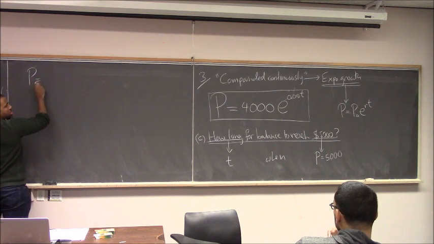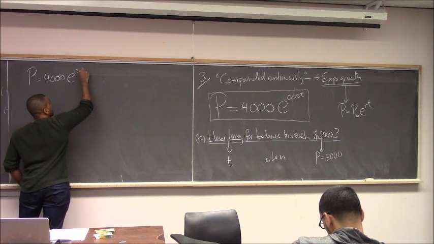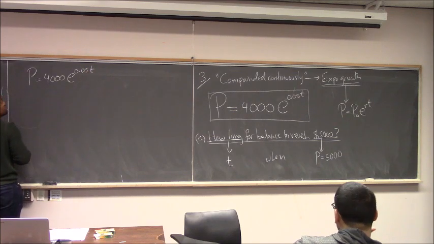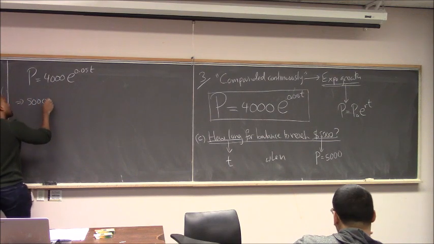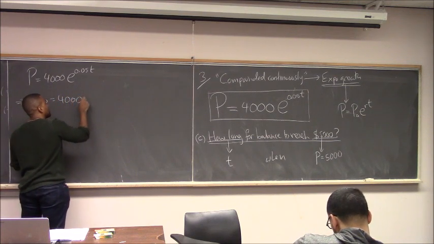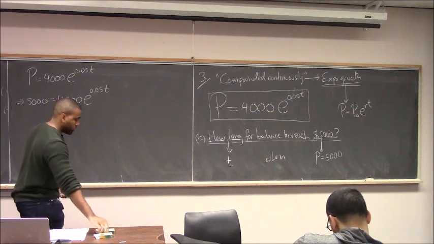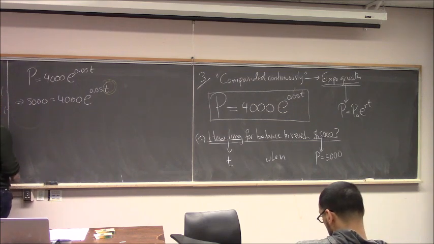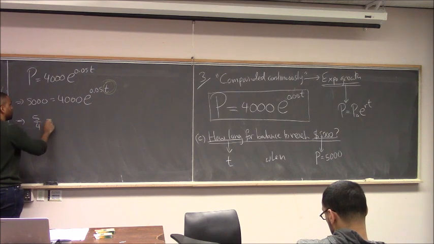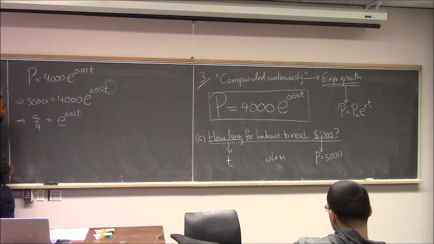So we know that P is equal to 4,000 e to the 0.05 t. So we want to put in P equals 5,000. And we want to solve for T. So that's this guy. How do we solve for that? Divide by 4,000, get 5 over 4. Then what?